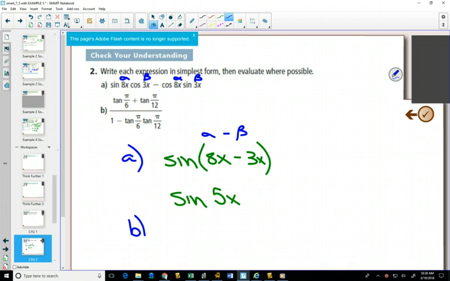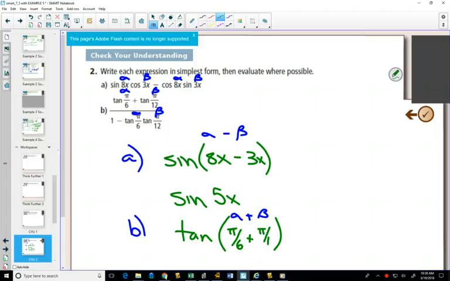So now I'm going to look at this expression here, and I'm going to call this alpha and this beta and this alpha and this beta, and see if there's a tan alpha plus tan beta over 1 minus tan alpha tan beta. Yes, it's the second one. It's equal to tan of, and it's the alpha plus beta one, so my alpha is pi over 6 plus my beta is pi over 12.